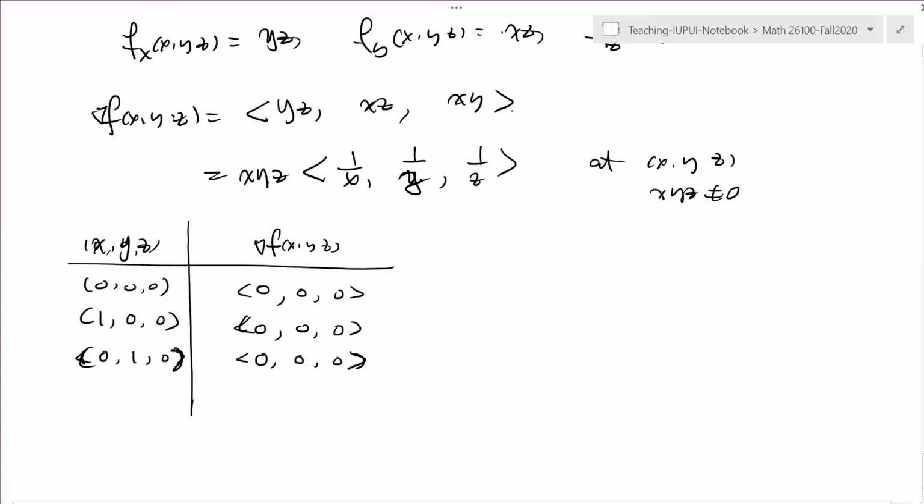Okay, they're all 0. At points like plus or minus 1 with zeros in the other coordinates, one of them must be 0, so the products are all 0. Now, if you have a 1 and a 1, then it's a different story.